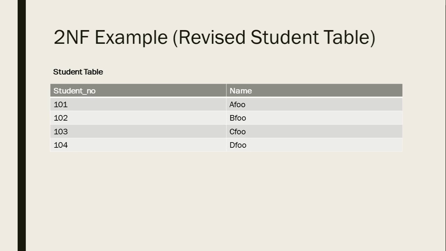This is the revised student table. If I query student number 101, I would always get Afu. If I query student number 102, I would always get the same result.